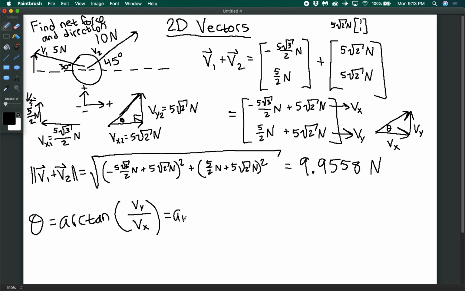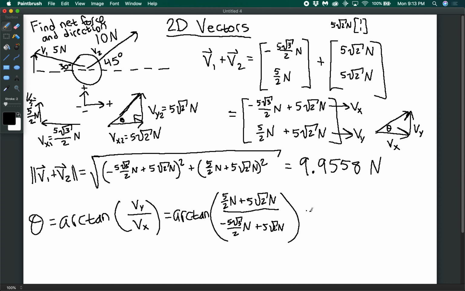So I have arctan of 5 halves newtons plus 5 root 2 newtons divided by negative 5 root 3 over 2 newtons plus 5 root 2 newtons. And when I put this in a calculator, I get about 74.019 degrees.